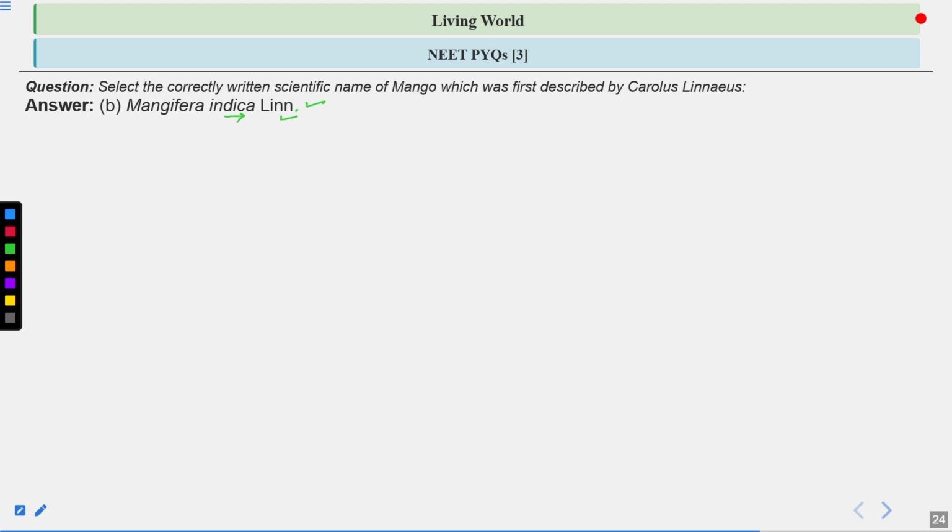The abbreviation of Carolus is not written. Only the abbreviation of Linnaeus is written here. And you can see the scientific name of mango has been italicized. The genus name is starting with a capital letter M and the species name is starting with the small letter i.